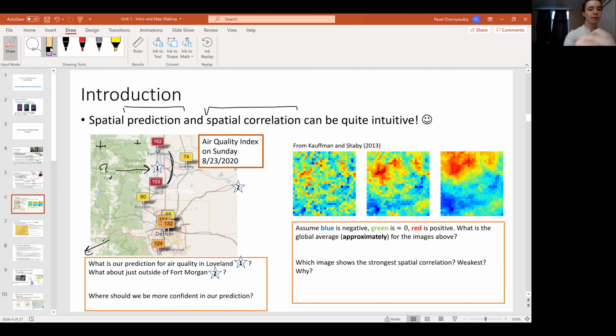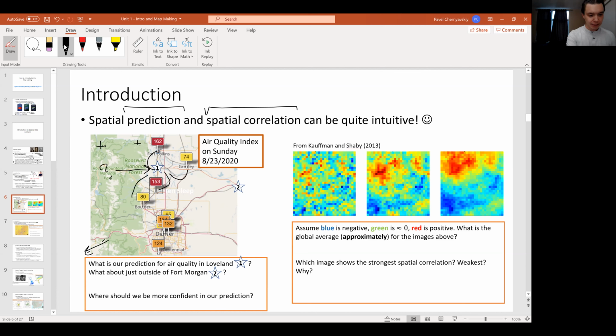And so intuitively, I hope you're thinking, well, it's like some kind of an average. And probably if we take something like an average of the Fort Collins reading, this reading, and maybe the Greeley reading, maybe even the Boulder reading, if we take the average of these 4 readings, you will get a sense, you will get a prediction for Loveland.